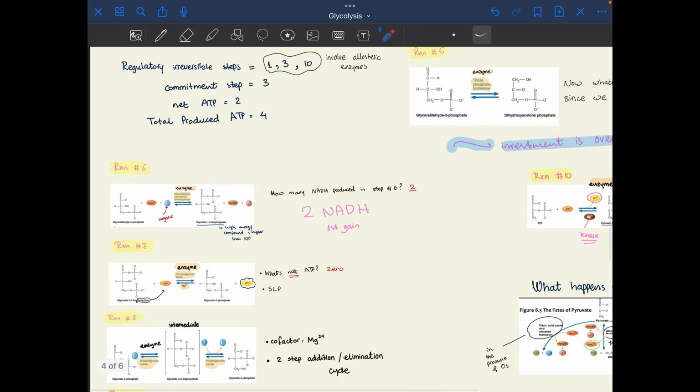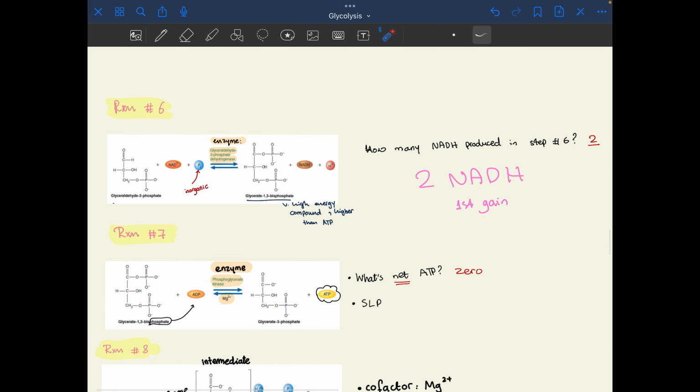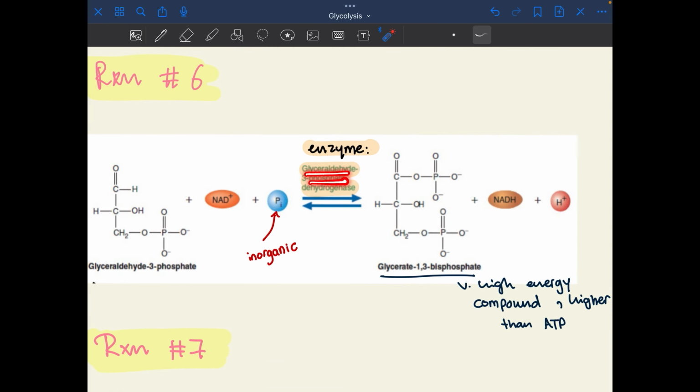Now we have reaction number 6. Reaction number 6 is when we will have our first gain, which is 2 molecules of NADH. In chapter 6, the enzymes chapter, we talked about that when we see NADH, we should understand that mostly we will have a dehydrogenase enzyme. So here we have glyceraldehyde 3-phosphate dehydrogenase, as simple as that.